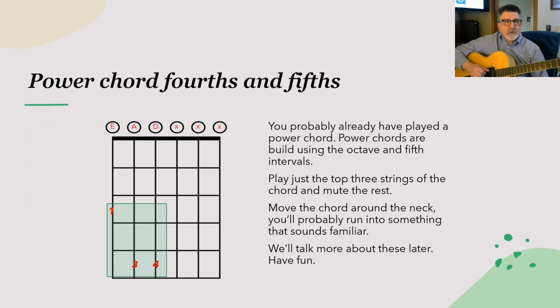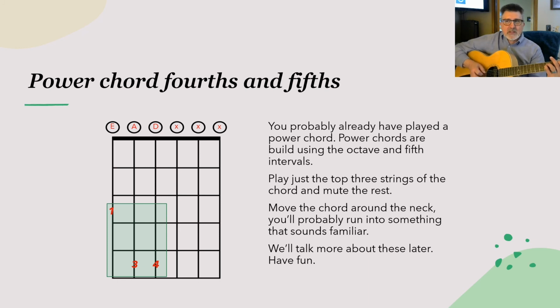If you have been playing for a while and you've learned to play power chords, we're going to do a G power chord, which, if you look at the diagram, is our first finger going to the 3rd fret of the 6th string, then 3 and 4 are side by side on the 5th. And they're going to play just the top 3 strings. That has an octave from G to G in it, and in the middle there is a 5th.